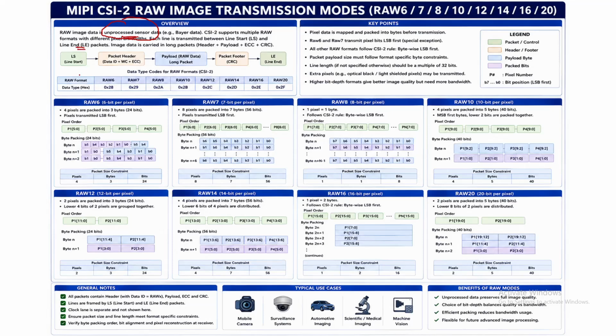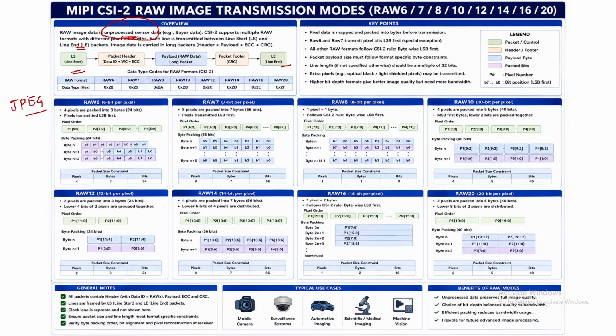That means before the line start and line end, before the payload, we need to check what type of color you want to transmit, and what kind of white balance it takes. We need to take care of that for the raw sensor pixels. The raw sensor pixels may then be used to produce a JPEG image or any type of image.